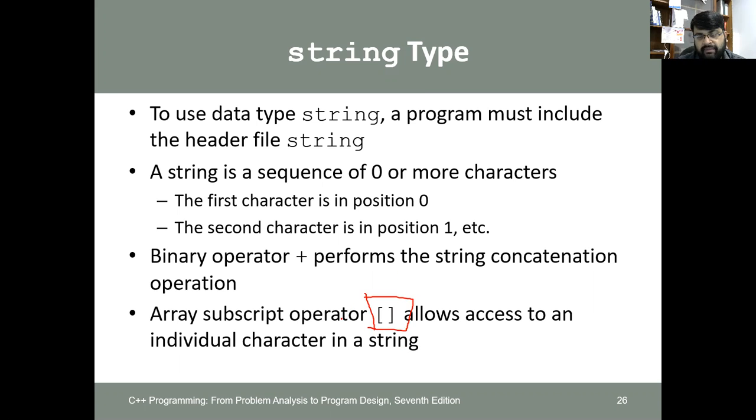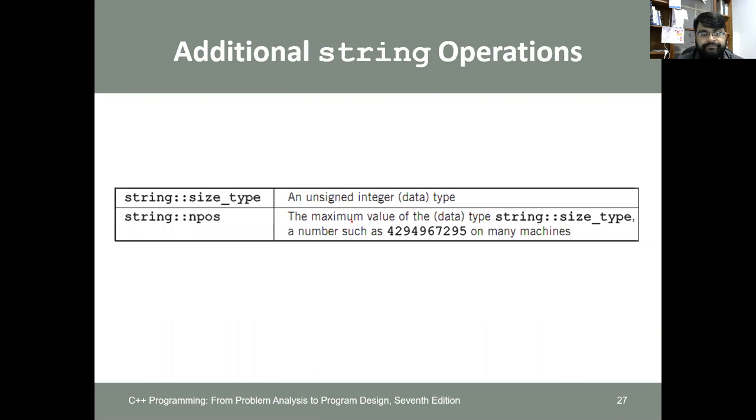So for example, if you mention 0, you're going to access the first character in the string. If you put a 1 here, this is going to access the second character of the string, and so on. If you use the plus operator, it is going to put both of them together and concatenate them.